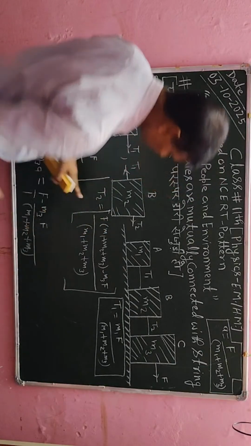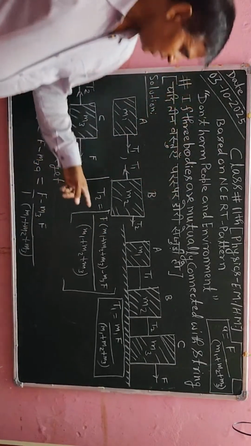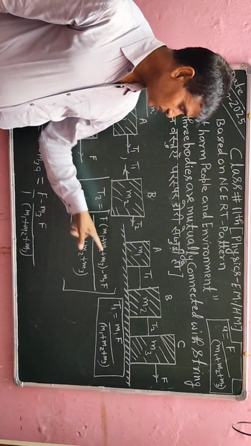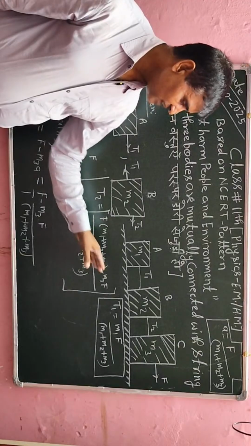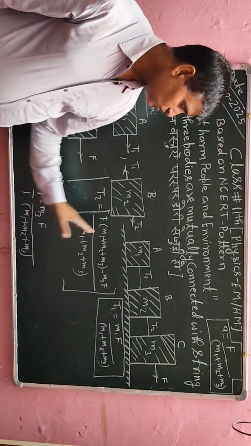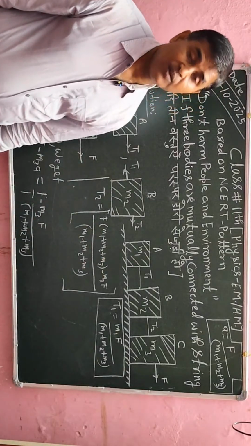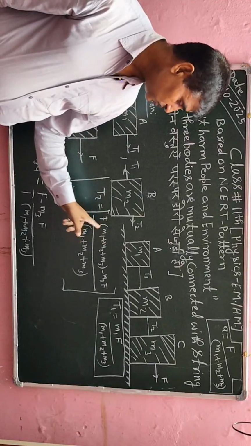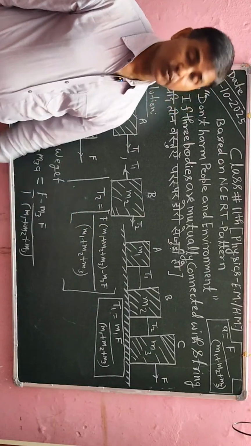After simplifying I will get the expression, and that expression will be like this. So F I will multiply with all these three terms, with M1, with M2 and also with M3, and then I will simplify. M3F and M3F will cancel out. So after cancelling I will get the value of T2, which will be equal to M1 plus M2 times F divided by M1 plus M2 plus M3.